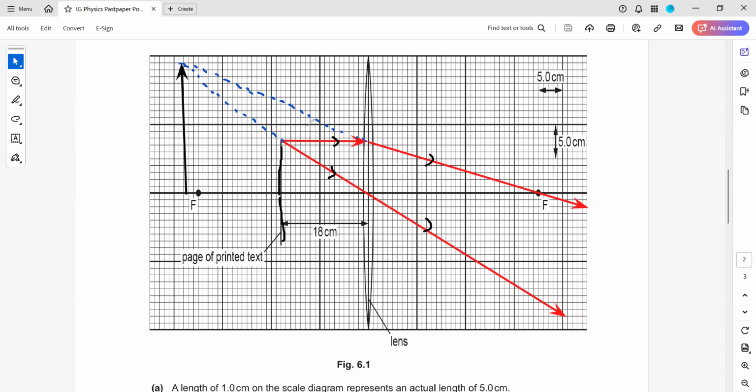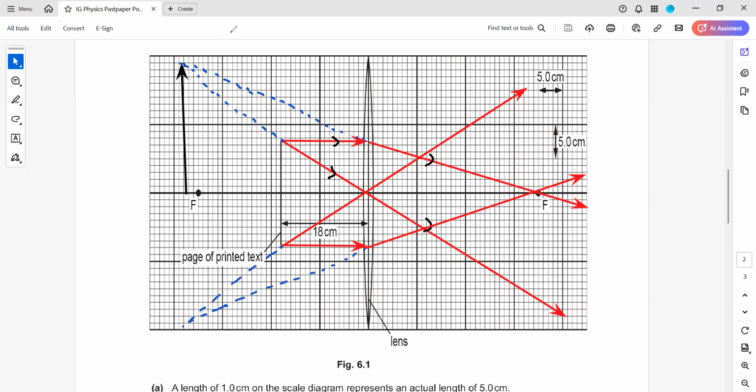So what do we have to do? For the second part, the same thing. Again, a parallel light ray passes through the focus, and one through the center will pass straight. Again, these two light rays will not meet, so we produce them backward, to the same place.